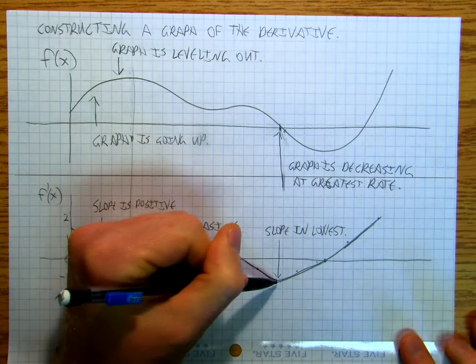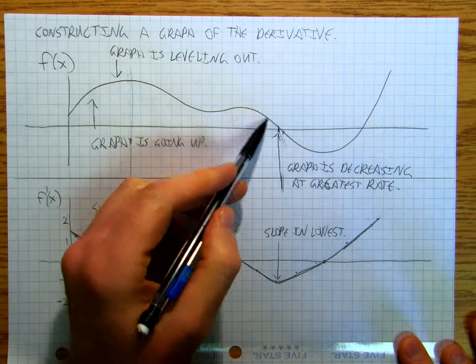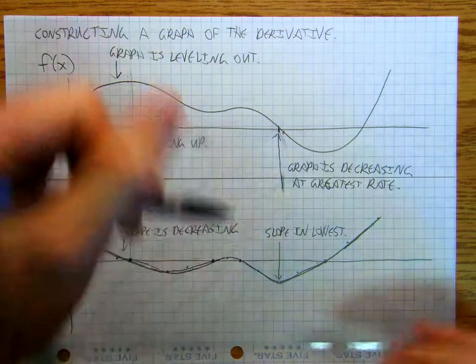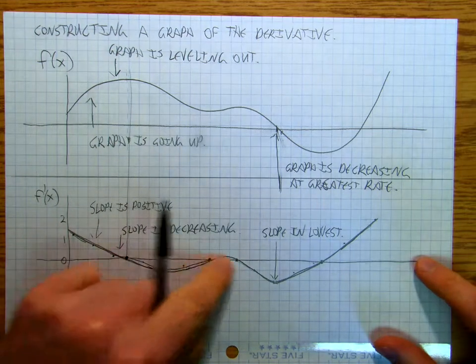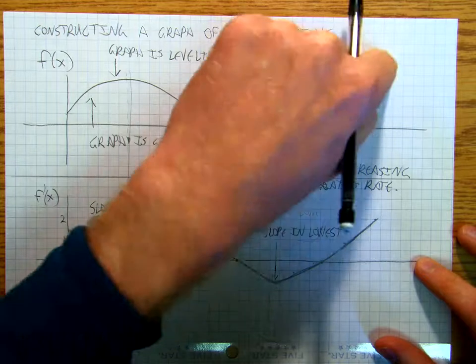Where the slope is the lowest, it's the most negative, so the graph is the steepest in the negative direction. It's just by coincidence that that's close to an x-intercept. So this slope graph is telling me what this is doing.